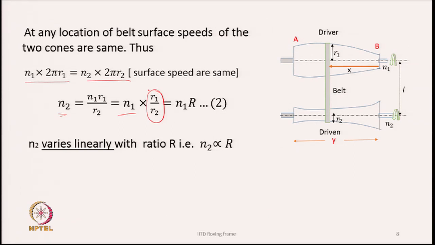So, n2 depends upon the exact ratio, that is capital R. So, we can say n2 will be changing linearly with R, because n2 equals n1 into R. This is the equation of a straight line. N2 will vary linearly with R, therefore n2 is proportional to R, where capital R indicates the ratio of the radii of driver and driven cone drum at any location.